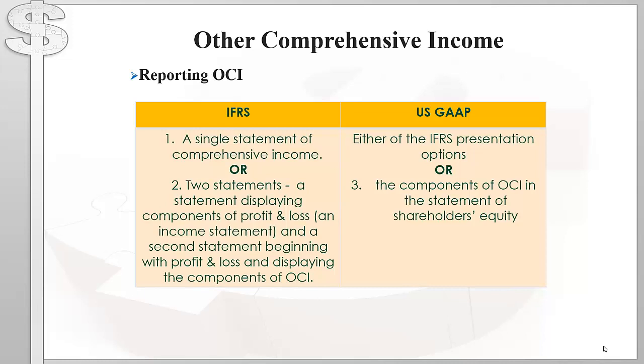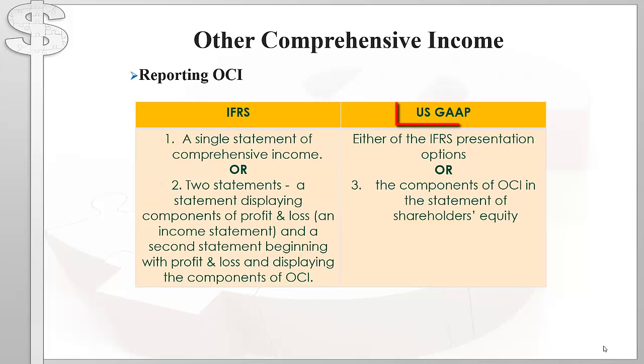Under the International Financial Reporting Standards, companies have two options of reporting their OCI. They can either report OCI as part of a single statement of comprehensive income, or they can produce two reports, the first displaying the net income, and then a second statement which begins with this net income and reports the components of OCI.